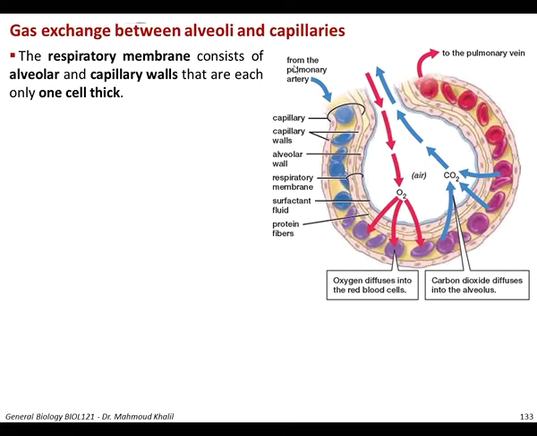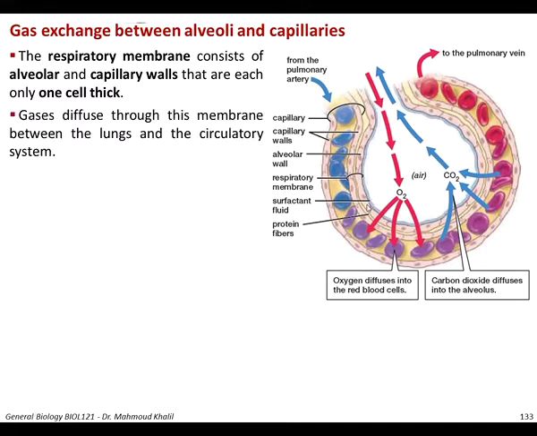As you can see, the blood coming from the pulmonary artery or arteriole, represented by blue color, which means oxygen-poor blood, moves along the capillary wall and gets in touch with the respiratory membrane, which consists, as we said, of the wall of the alveoli and the wall of the capillary. You can see as well that gas will start to diffuse. The carbon dioxide diffuses from inside the capillary to the inside of the alveoli.